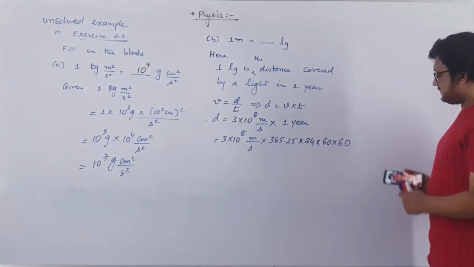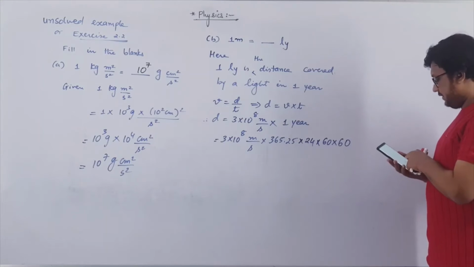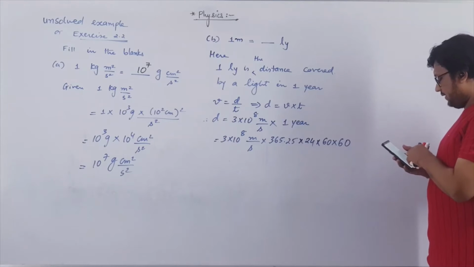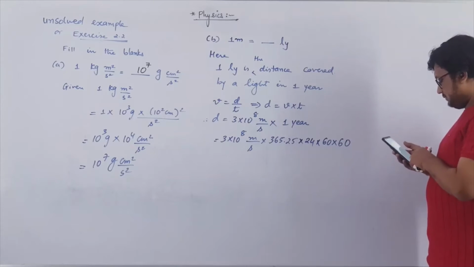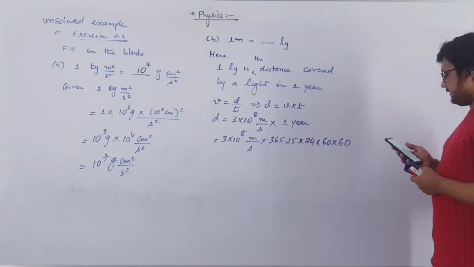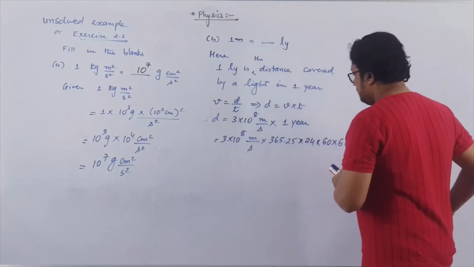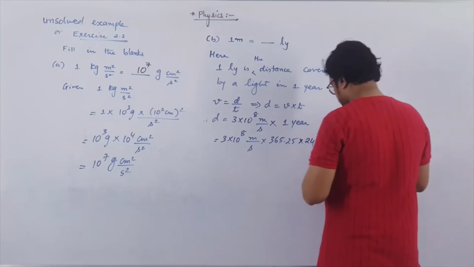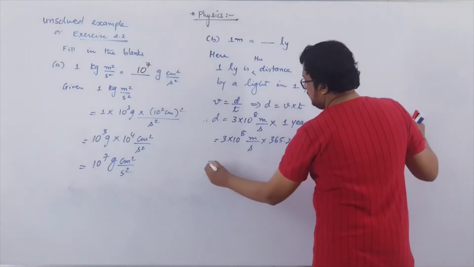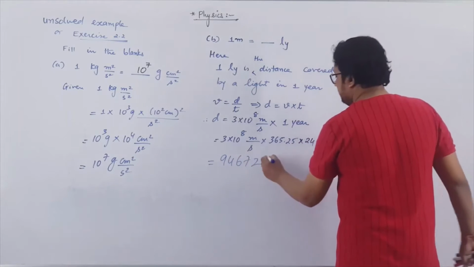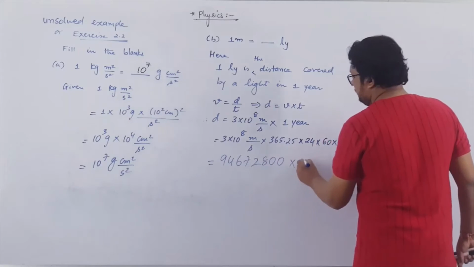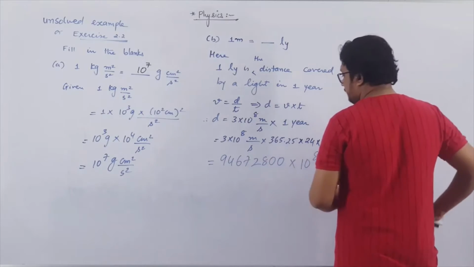So if you multiply this thing, let us say 3 into 365.25 into 24 into 60 into 60, the answer will be 94672800 into 10 to the power 8. Let us confirm again.